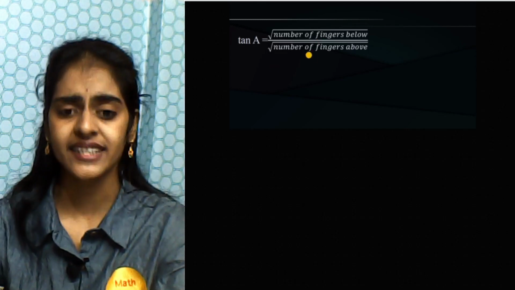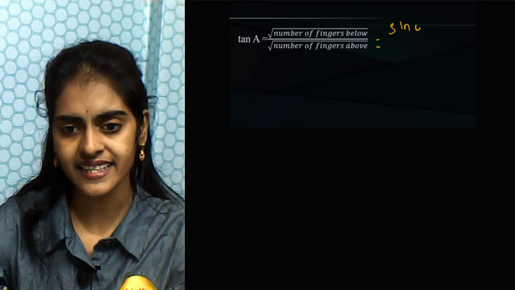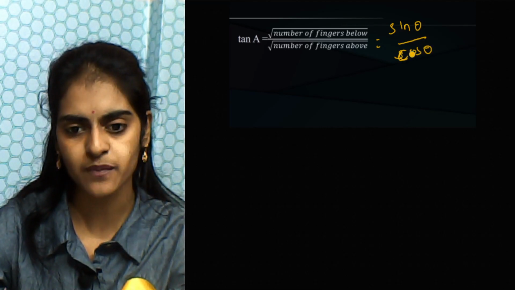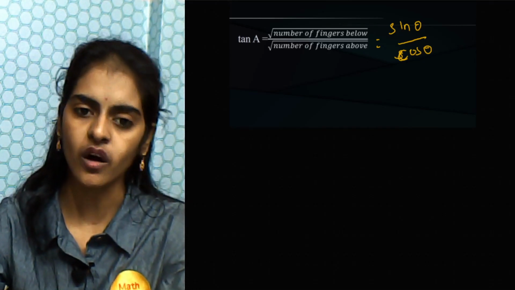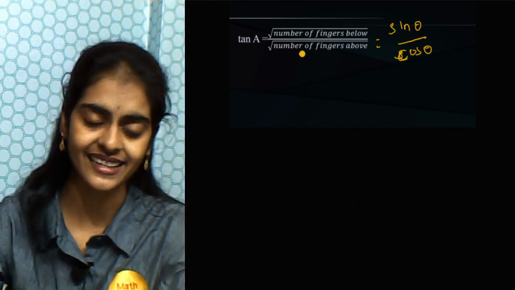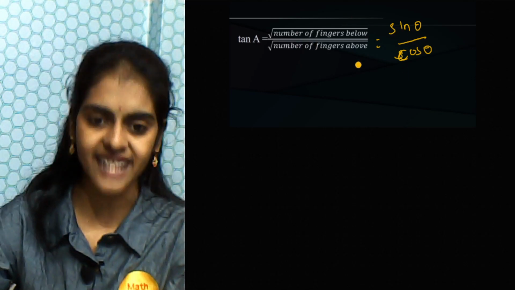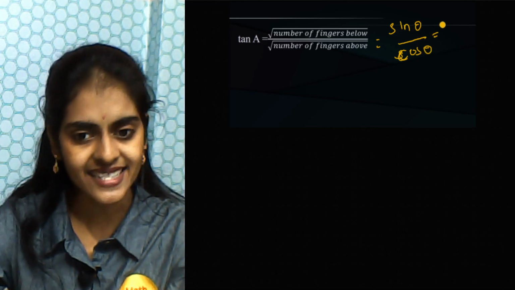Tan values. For tan, yesterday also we learned tan is nothing but sine theta upon cos theta. So you can get tan by dividing sine by cos. As you know all the values of sine and cos, you can get tan directly by dividing sine by cos. Otherwise also there is another formula. For sine, which fingers are we considering? Below fingers.